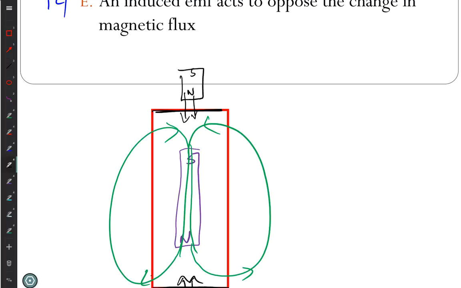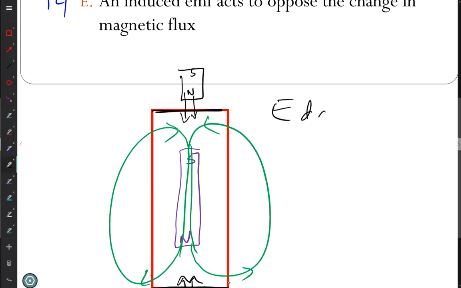We have a current induced below that's making an induced magnetic field that's repulsive. Both of them are pushing it up, and so it slows it down. This process of making those current loops we call eddy currents. So the eddy current slowed it down.